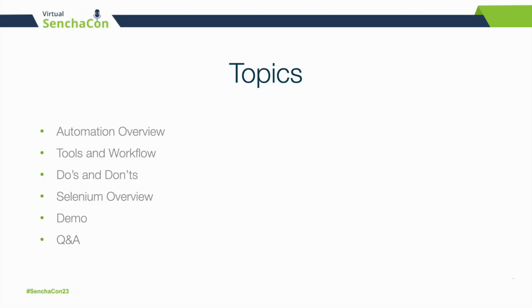I have a little demo prepared for this session and I'm using Selenium as an automation tool. I'll be giving overview of Selenium, and for demo I have an Ext JS application and I have few workflows automated. We will look into that as well, and finally we will wrap this session with Q&A.